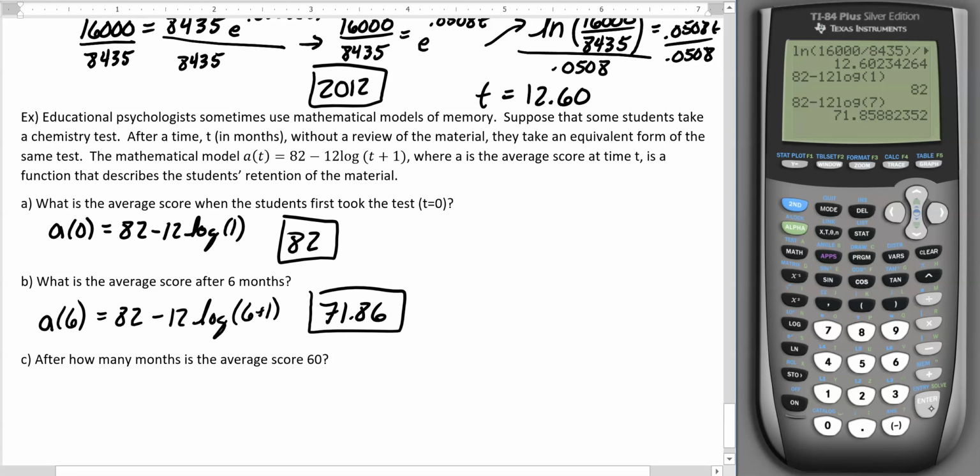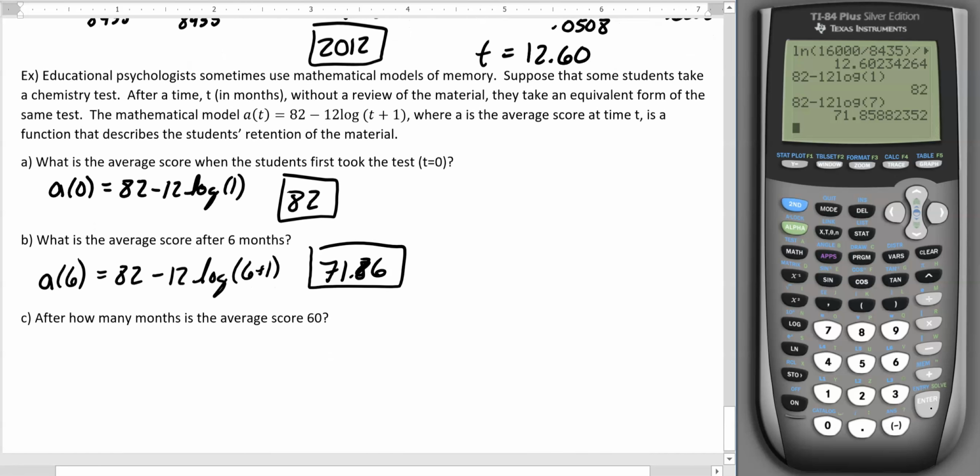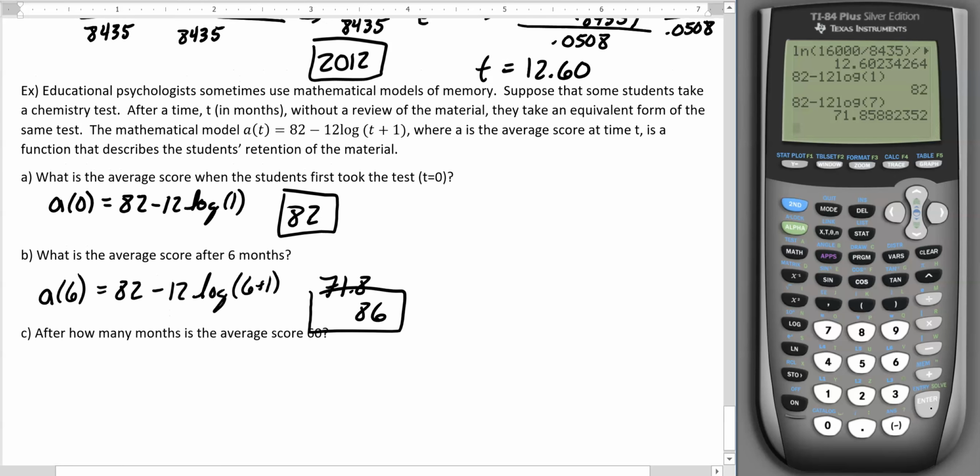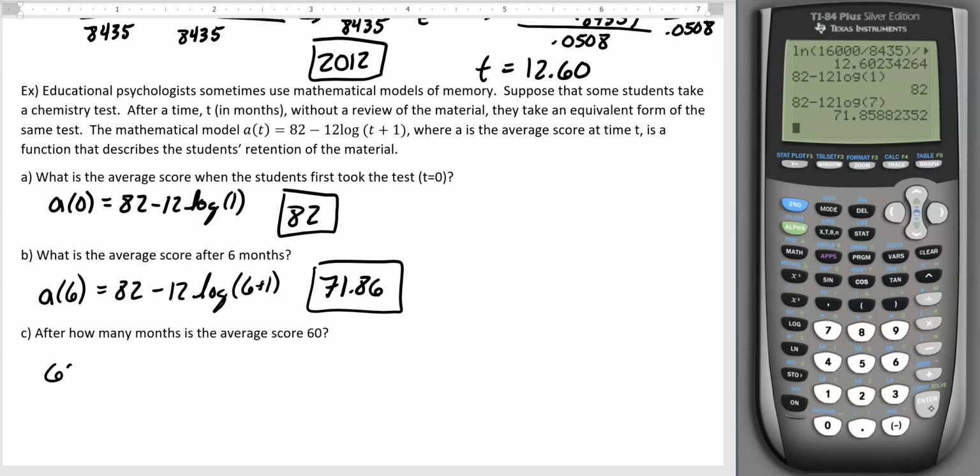And then, after how many months is the average score 60? Oh, okay. So the average score, remember, is the A, so that's what we're going to find. We want 60 to equal 82 minus 12 log of some number of months, t plus 1.